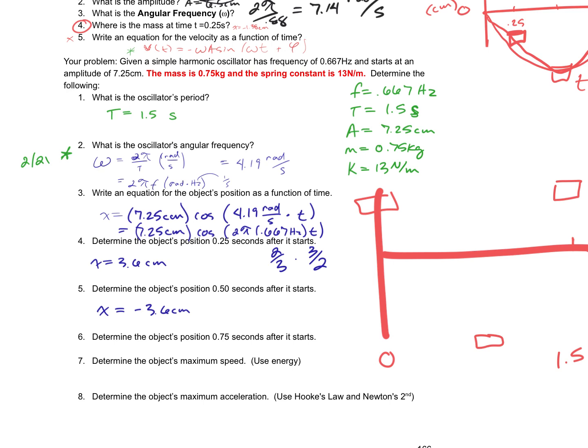So if you track the motion of the object for that time, let's see if these quantities make sense. So if you were to split this 1.5 period into halves, this is where it should be at 0.75.